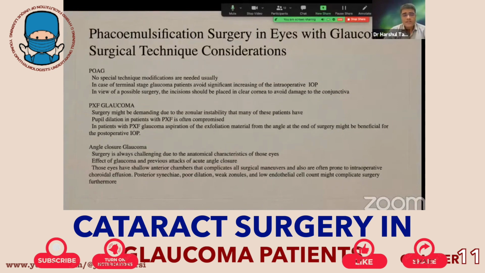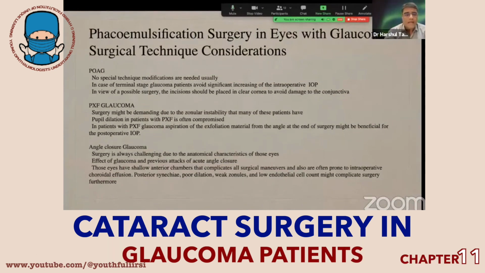If you look at some surgical technique considerations, in primary open-angle glaucoma, no special technique modifications are usually needed. But in terminal stage glaucoma patients, we should avoid increasing the intraoperative IOP, as I mentioned before. And in view of possible filtering surgery required later on, all our incisions should be in the clear cornea to avoid damage to the conjunctiva.